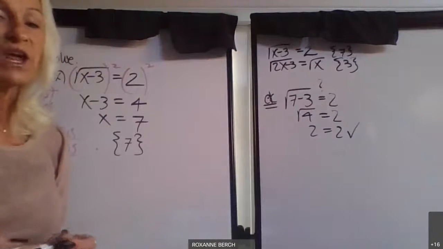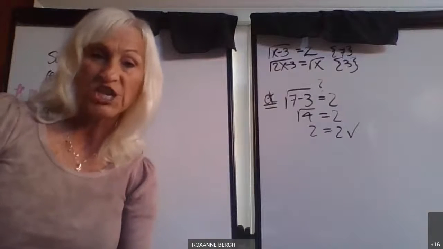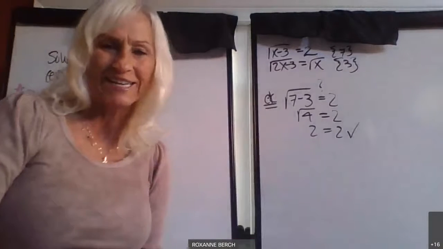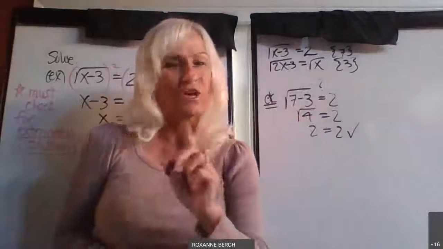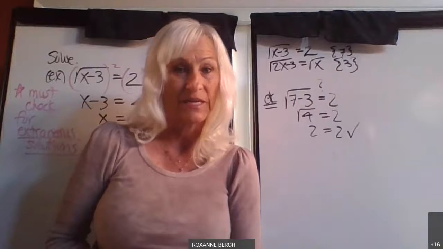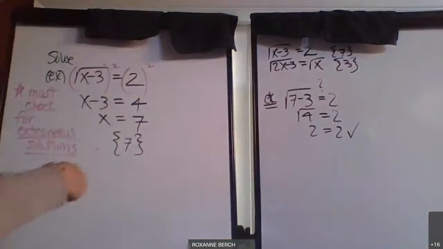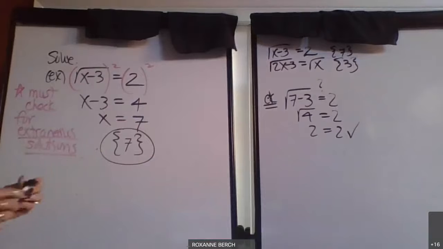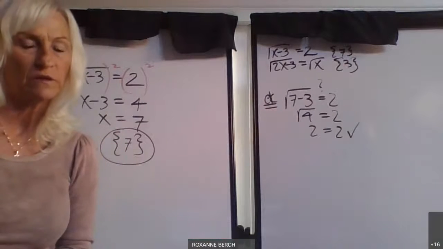And in a minute, you're going to see me do a problem that's going to take 10 minutes to check on the calculator and 1 second to check it by hand. So everybody who thinks the calculator is so wonderful, you're not going to think it's so wonderful in a problem that I'm going to do. So this is definitely a solution. If the check failed, it would be no solutions.